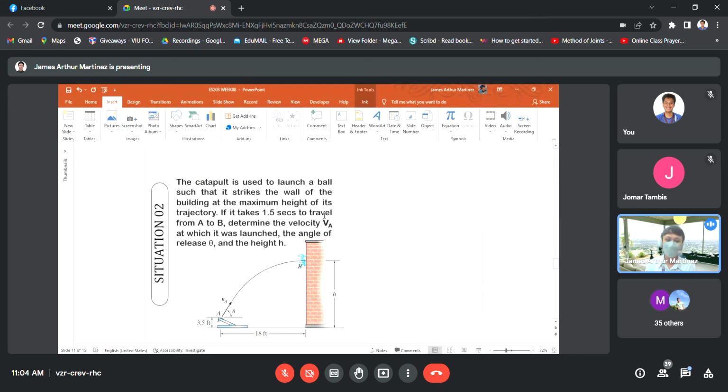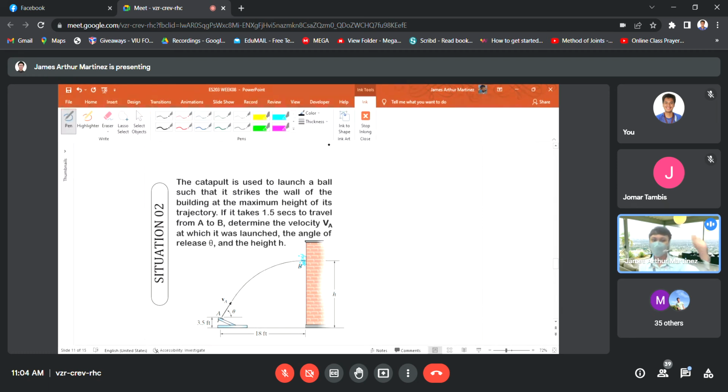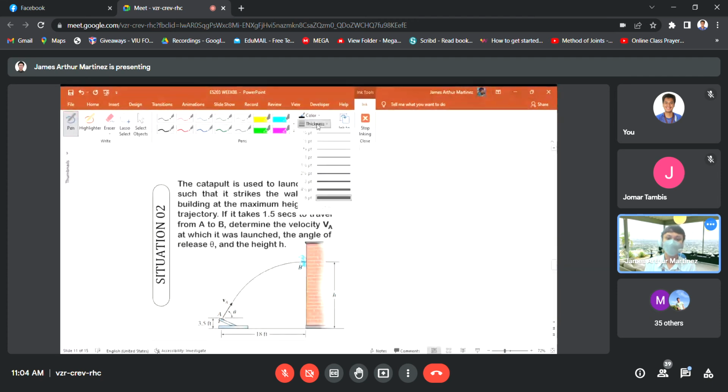If it takes 1.5 seconds to travel from A to B, determine the velocity at which it was launched and the angle of release, and also compute for H. So we have three unknown variables in our problem, or three goals.